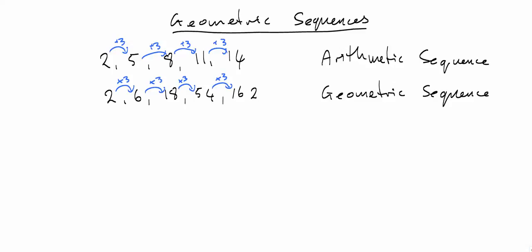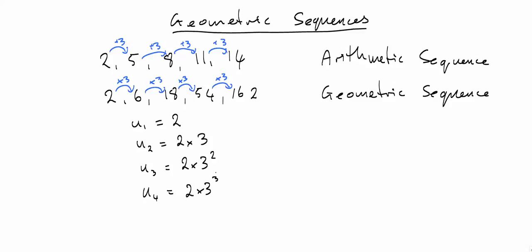So we can say in this sequence, the first term u1, to use our usual notation, u1 is 2, u2 is 2 times 3, which is 6, u3 is 2 times 3 times 3 again, or 2 times 3 squared. u4 is 2 times 3 squared times 3 again, which is 2 times 3 cubed.